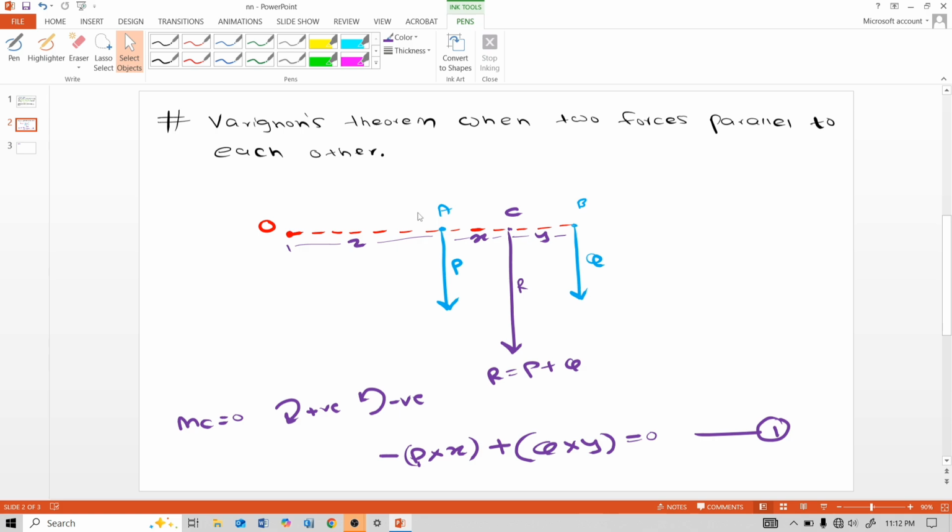Force is P, and the perpendicular distance between point O, where we are interested to take moment, and that force is Z. So clockwise, that means positive: P into Z.